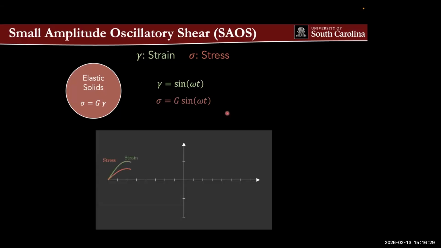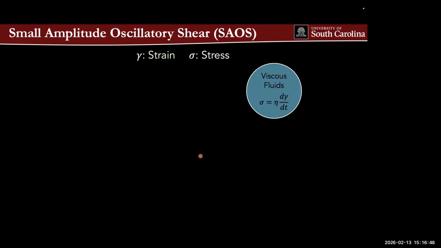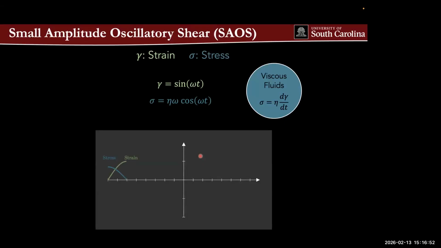So if you have an elastic solid, you impose a sine as the input, and since they're just proportional to each other, you get a sine back, perhaps with a different magnitude because that comes from the G. But for elastic materials, the input and output are in phase, or the phase angle is equal to 0. For a viscous fluid, if you input a sine, you get back a cosine because it's the derivative.